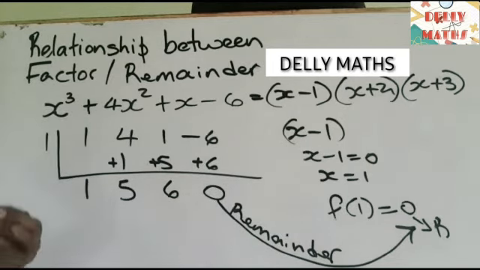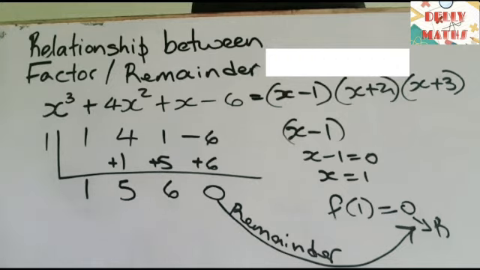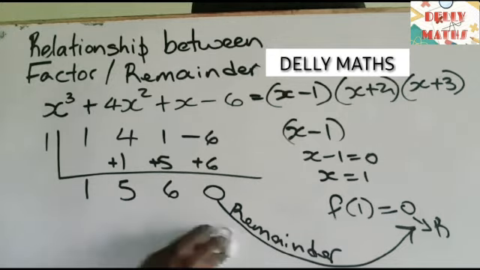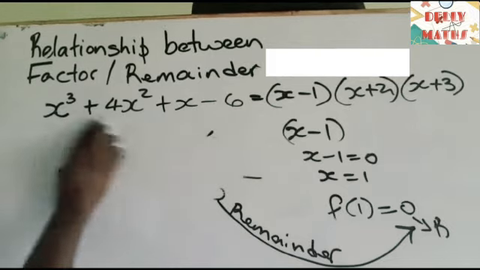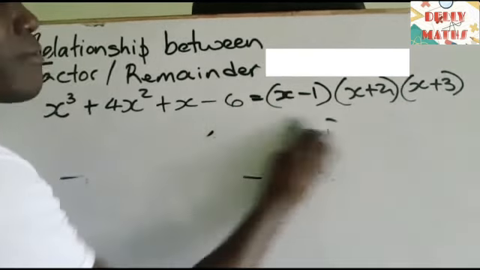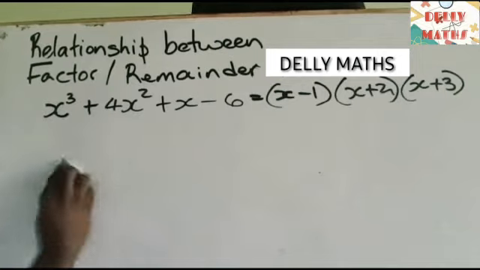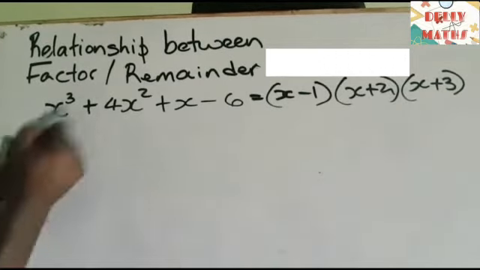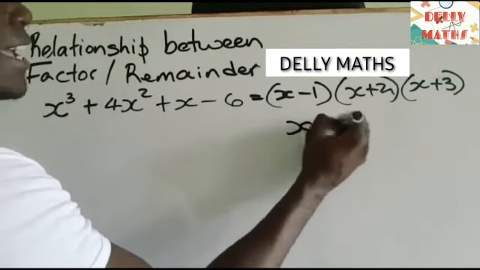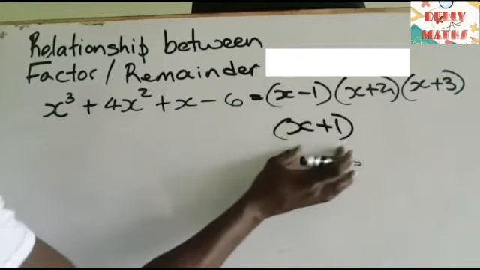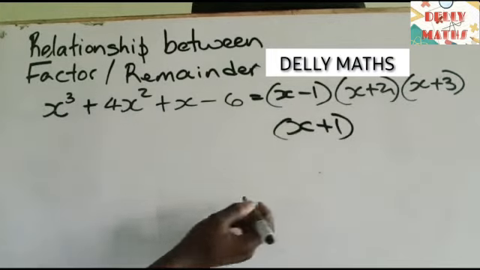Now let's prove it by using something that is not a factor. Since those are our 3 factors, I'm going to choose a random number and use it. For example, I'll use x plus 1. We know that this is not a factor because these are the 3 factors.